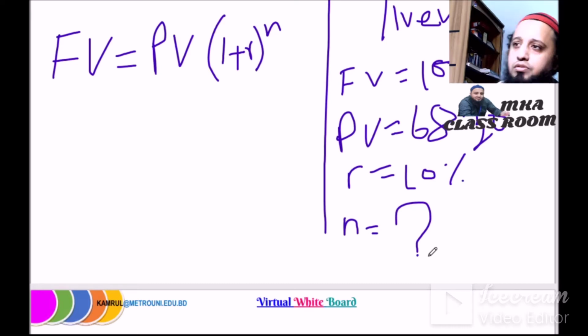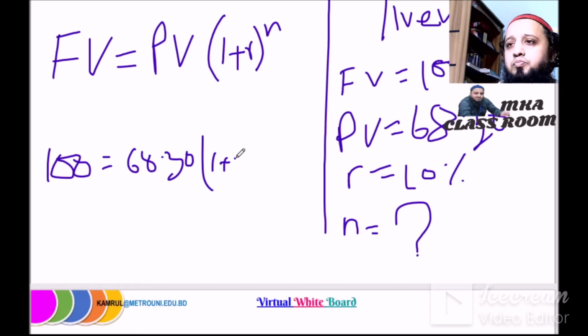So if we put the value, then we get 100 equal to 68.30 into 1 plus 0.10 power n.